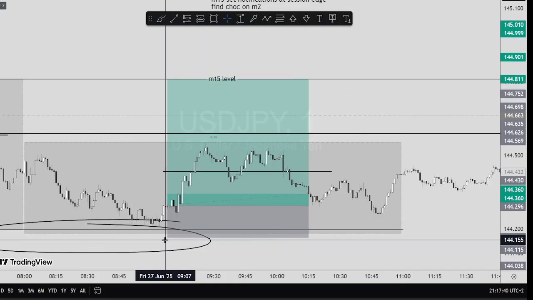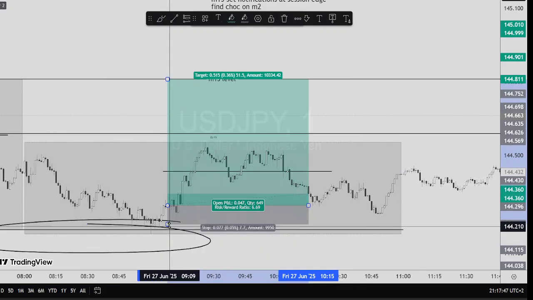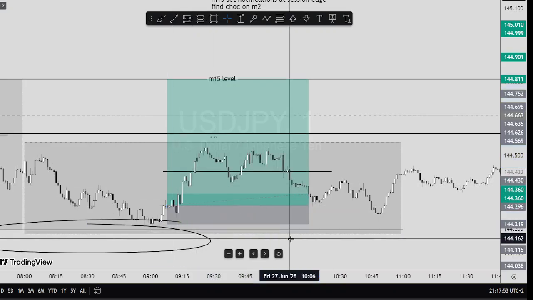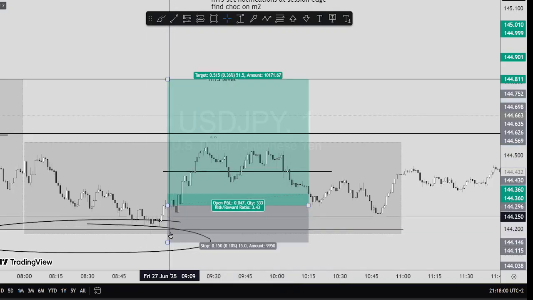I may move the stop just below this, not up here. That's too aggressive, right? And just a little bit. And I go into more depth on yet another video on this as well, because it removes some of the risk, right?